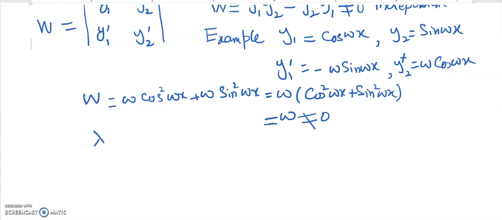So if the characteristic equation we represent in terms of lambda, the solutions are of this form: alpha plus minus beta i.